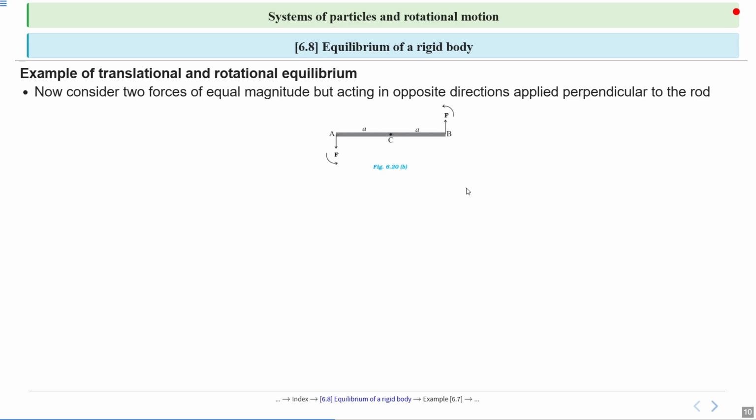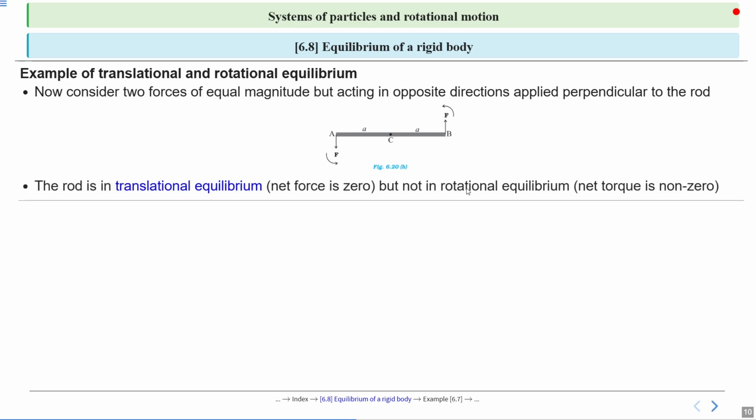Suppose two forces F1 and F2 are acting at the ends of the rod. F1 and F2 in terms of magnitude are equal, but their directions are opposite and perpendicular to the rod, as shown in figure 6.20b. So F1 and F2 both act in opposite directions.